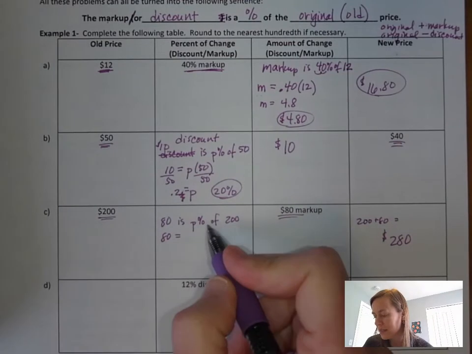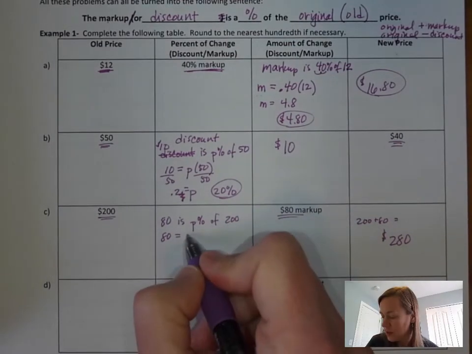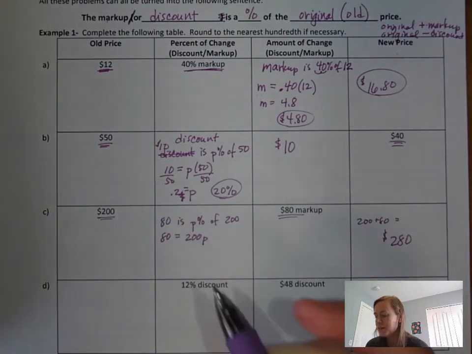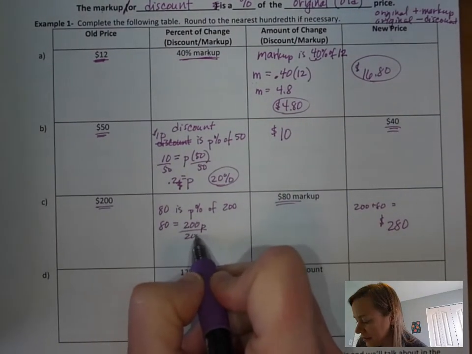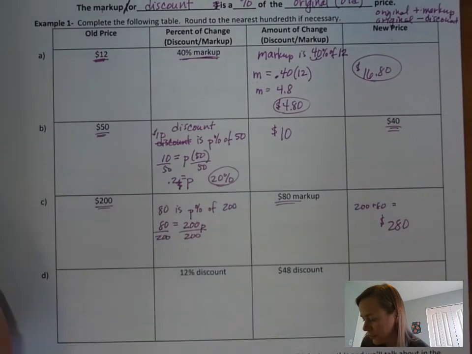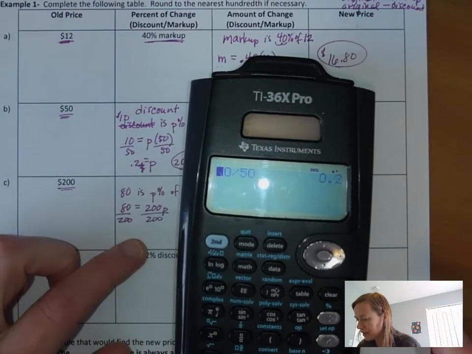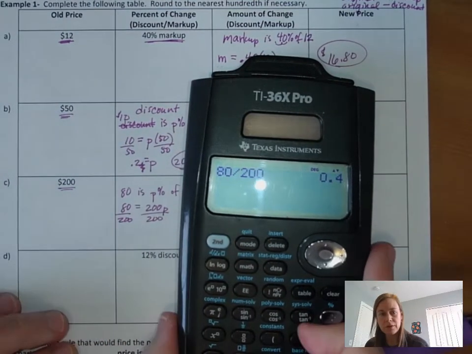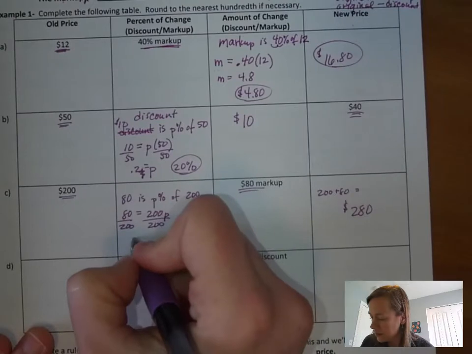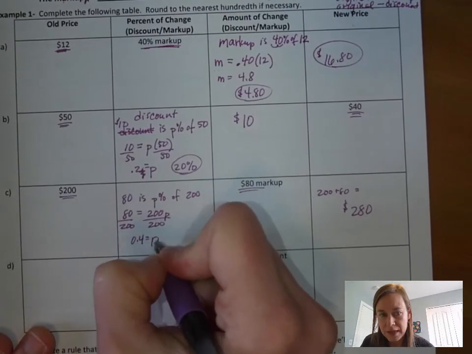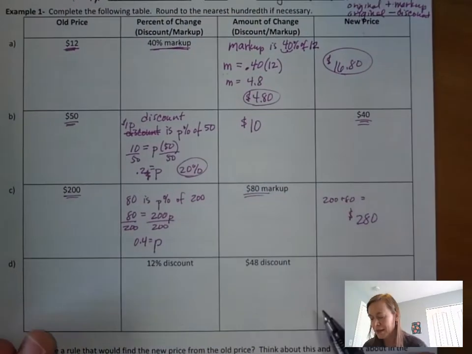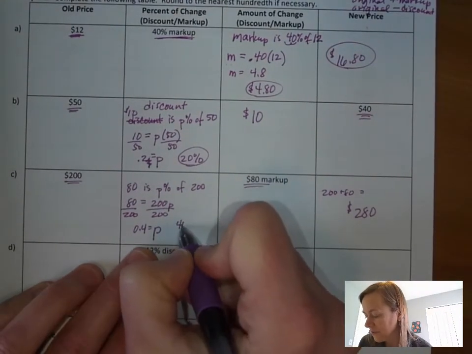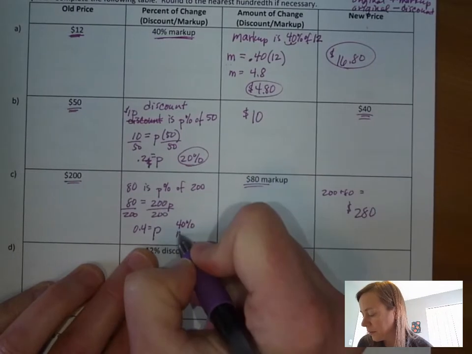We know that P% is going to multiply by 200, so I'm just going to write 200P. Okay, so let's get that P by itself by dividing by 200 on both sides. So it looks like we need to do 80 divided by 200, and you're going to get 0.4. So 0.4 equals P. And now we just have to write that as a percentage. So move that decimal 2 places, and you're going to get 40% markup.